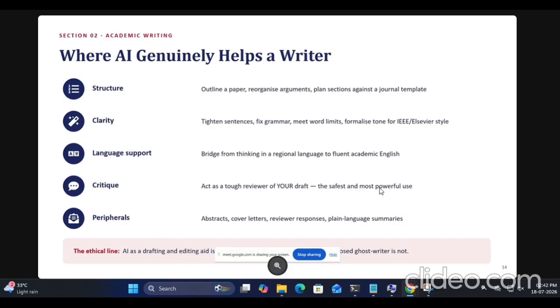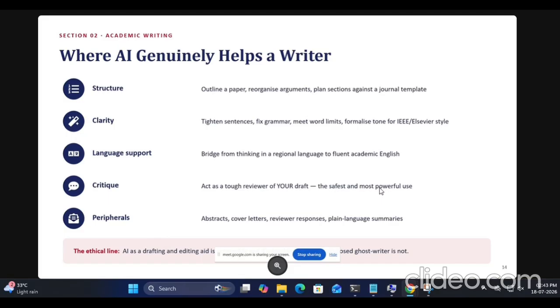Because we are not always well versed in grammar, or in all languages. We might be well versed in our own language, but we have to write this paper in a different language, or it can be vice versa. You might be well versed in English, or you want to write in your own language. In that case, it will completely help you.